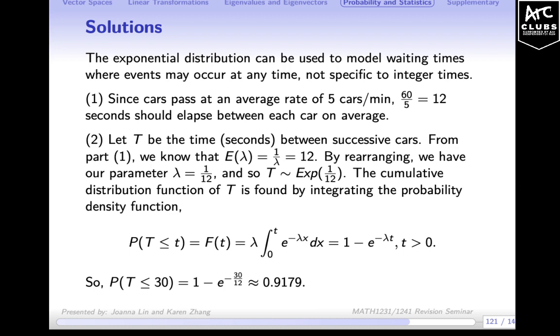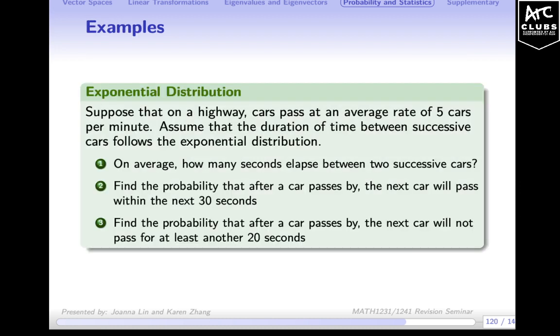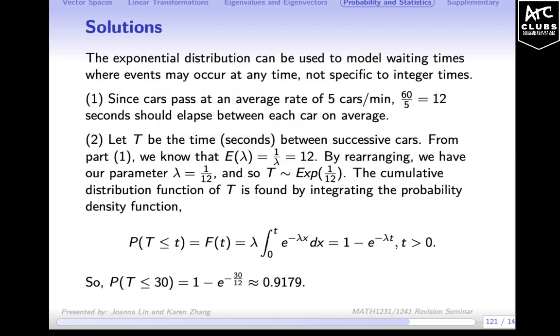To do that, we integrate your density function, which is given in the definition, and you get 1 minus e to the power of negative lambda t, where t is greater than 0. So for this question, if you want a car to pass within the next 30 seconds, you're looking at T less than or equal to 30, right? So all you do is sub in 30 for t, and you know your lambda is 1 on 12, and you can work out the probability right here.